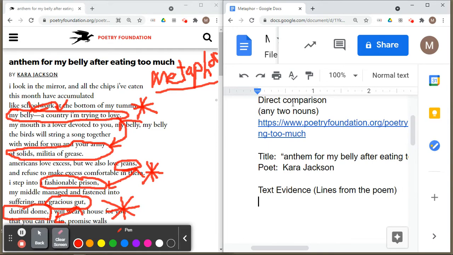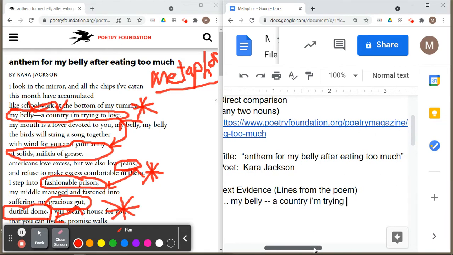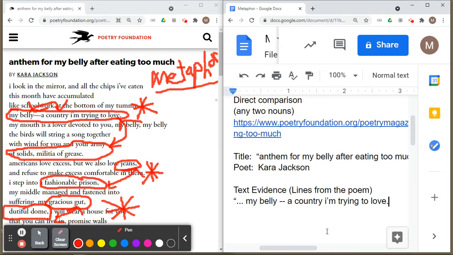So we've first got my belly, a country I'm trying to love. Notice, again, the punctuation, the capitalization. I'm following exactly as Kara Jackson had intended. And notice how I'm going in order of the poem. And so I'm following the ordering.